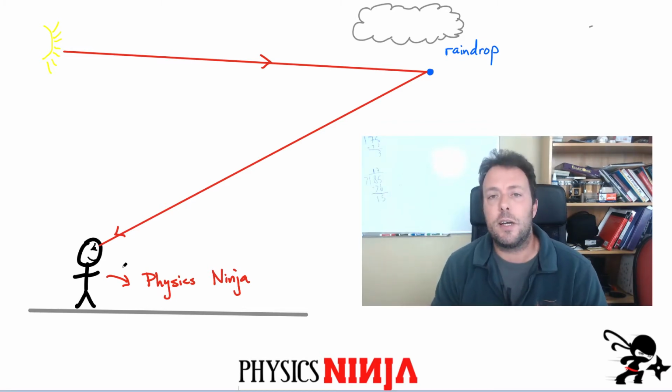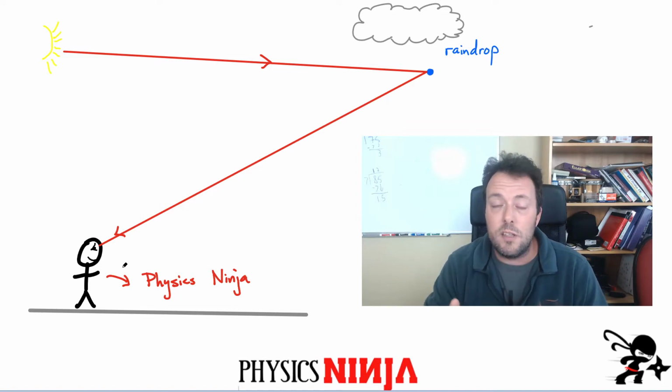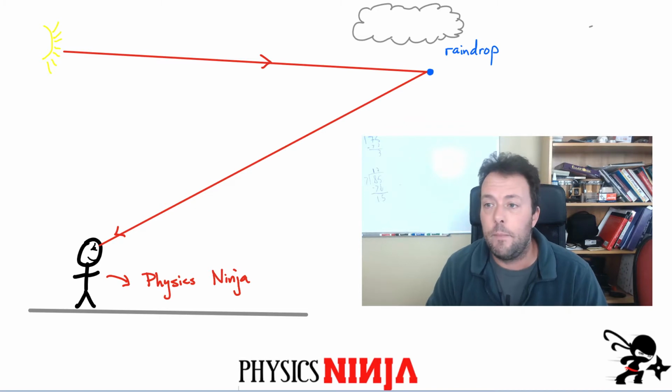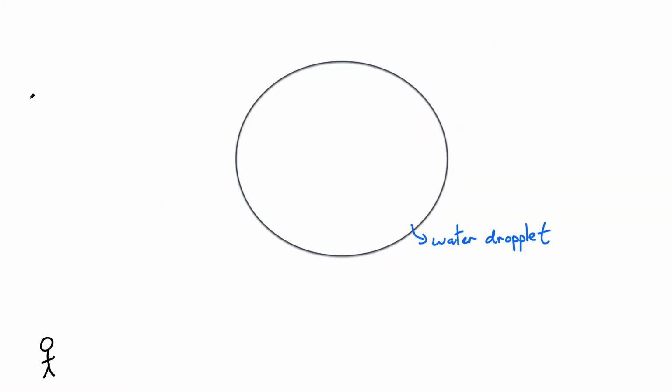In order to look at this problem, we have to now zoom into this raindrop to really see what's going on and to examine the physics. So let's do that. We're first going to consider red light, which is incoming here from the left-hand side. And that red light is going to strike the surface of a water droplet. Now, water is characterized by an index of refraction, and for red light, it's approximately 1.331.